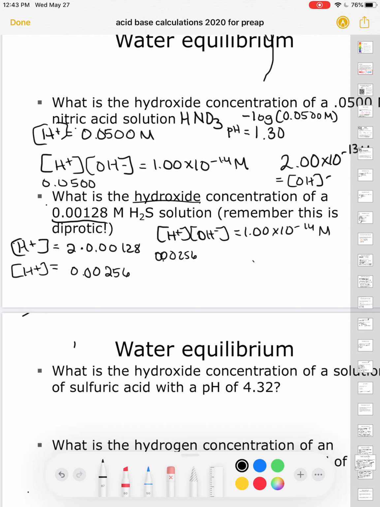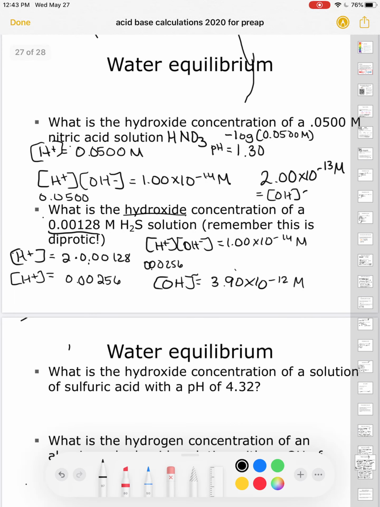I'm going to do 1 times 10 to the negative 14 divided by 0.00256. And that gets me a hydroxide concentration of 3.90 times 10 to the negative 12 molar. OH minus concentration. Okay.